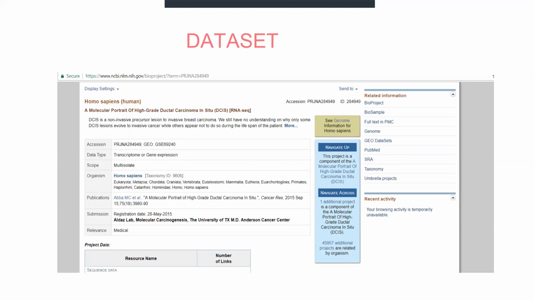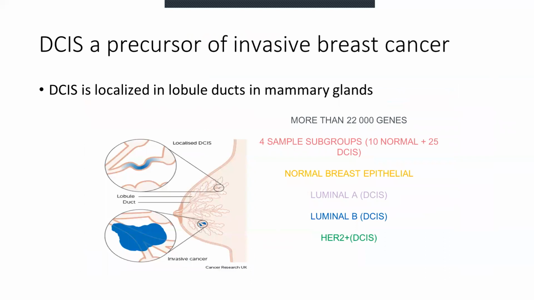I just made some small changes to create a data set that is used for supervised analysis instead of unsupervised, simply by adding that class column with names of those classes. As we said, we have normal breast epithelial samples, and then we have luminal A, luminal B, AGR2, and basal DCIS. We also said we have more than 22,000 genes.